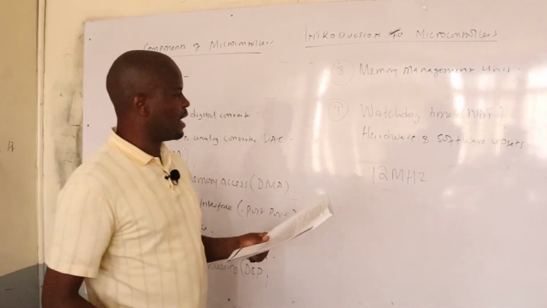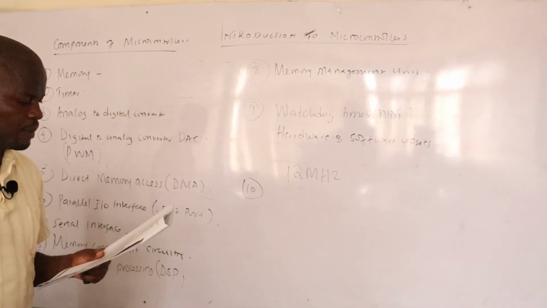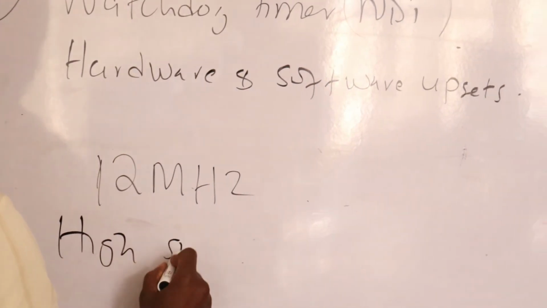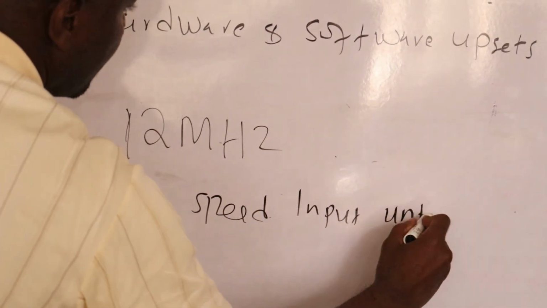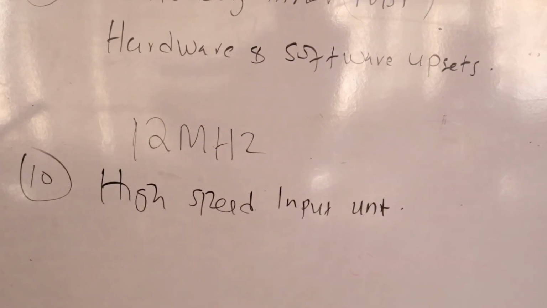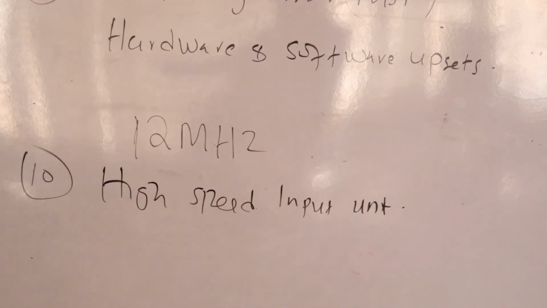Then we also have another component that we can talk about, that is the high-speed input unit. This high-speed input unit provides automatic recording of events.